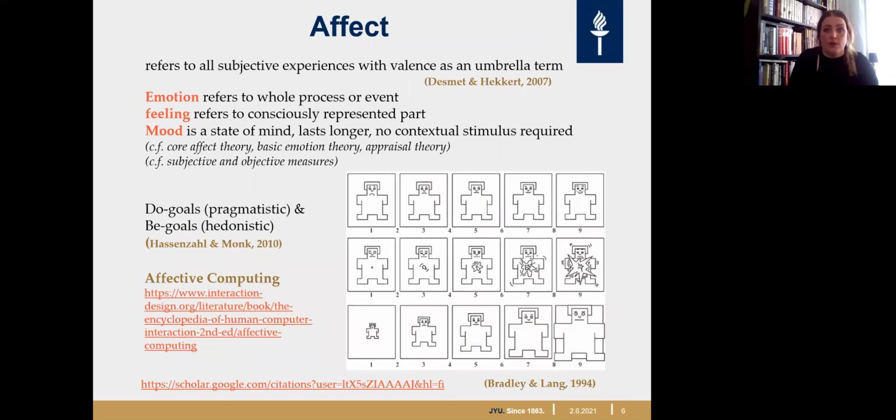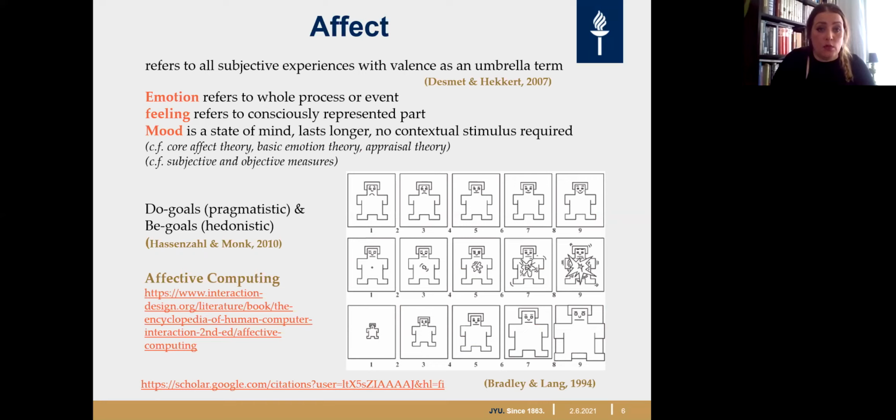And then moving to affect. Affect refers to all subjective experiences with valence, and it can be considered as an umbrella term. And valence is like positive and negative. And emotional themes for valence can be, for example, sadness and joy. So affect can be considered as an umbrella term. Affect also involves concepts that are related to it.